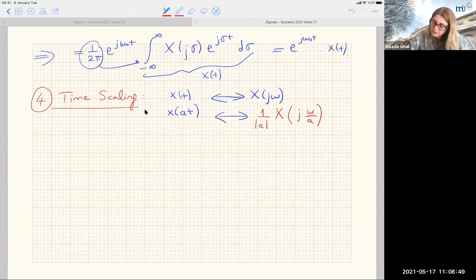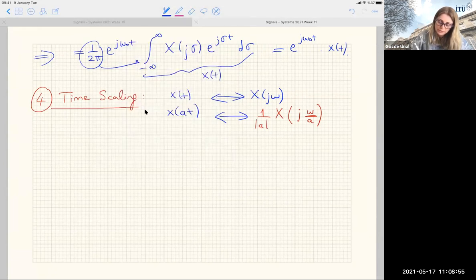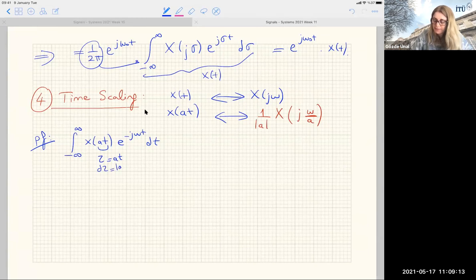So the proof, you see, is all calculus actually. Currently what we're doing is just calculus, change of variables. So let's do the math with the Fourier transform and do a change of variables. d tau is a dt, that's why I have that 1 over the absolute value of a.